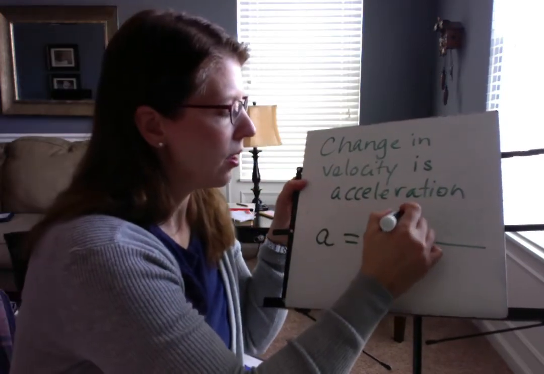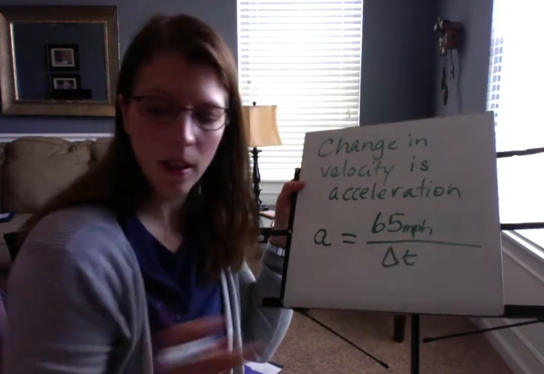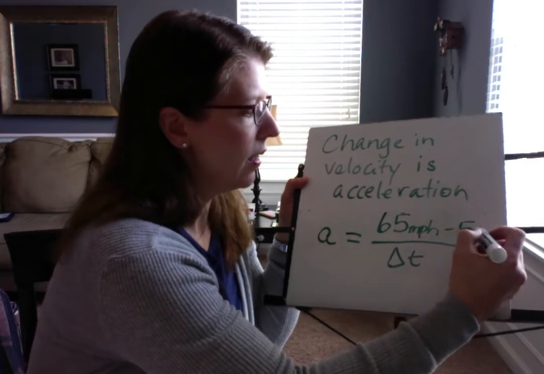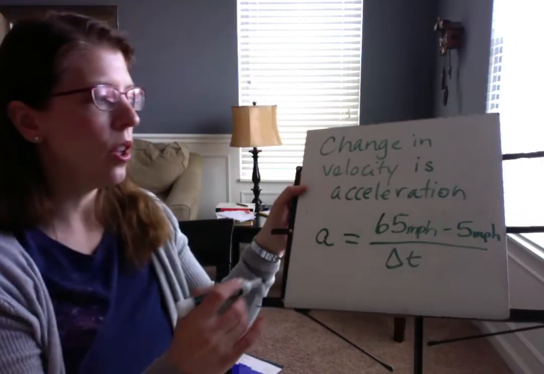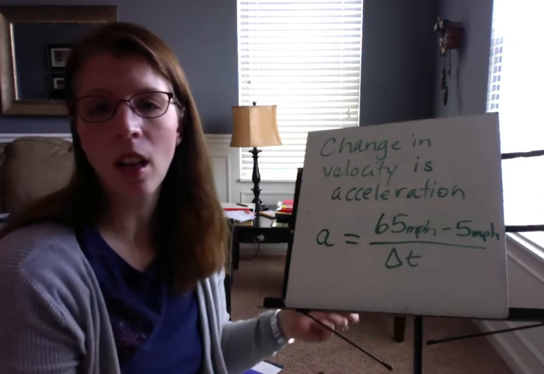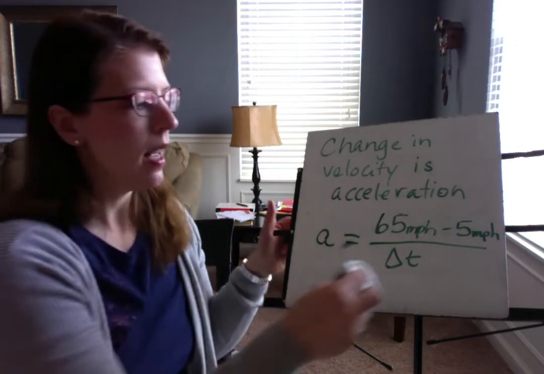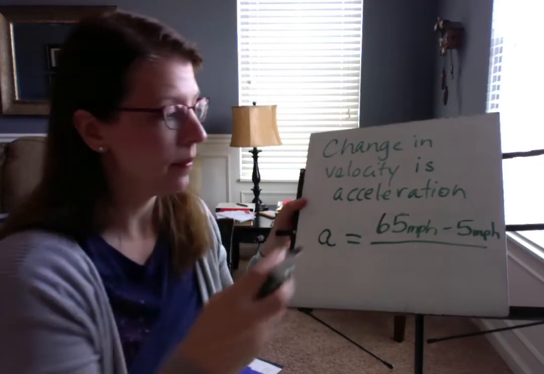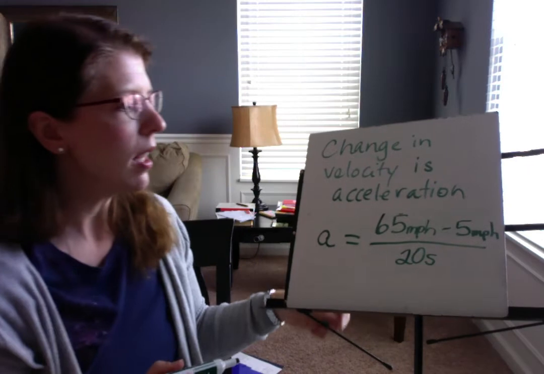So that car had a velocity of 65 miles per hour at the end, and at the beginning it had a velocity of 5 miles per hour. So 65 minus 5 is 60. Our change in velocity was 60 miles an hour. Then I said it took the car 20 seconds to do that. Okay, so let's put 20 seconds.